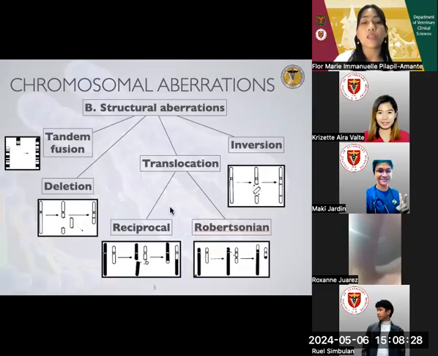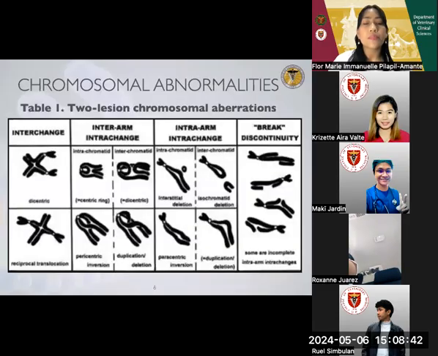So it could be either reciprocal or Robertsonian. And then lastly, we have the inversion, which is in itself a segment of that leg of the chromosome that is inverted. Okay?